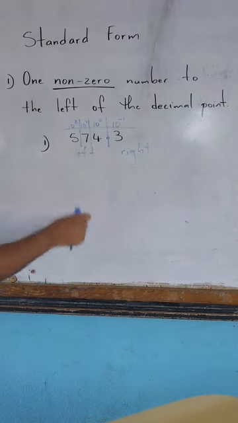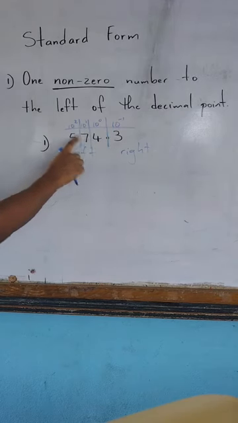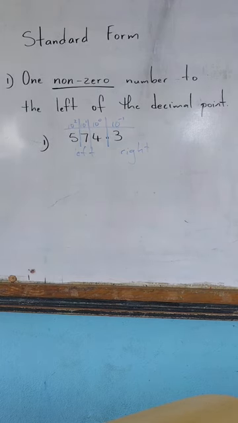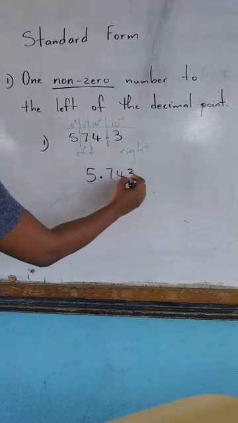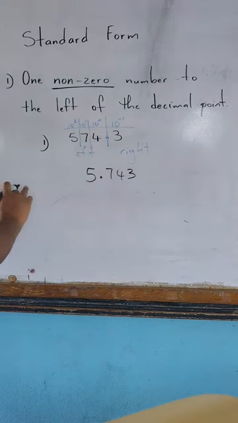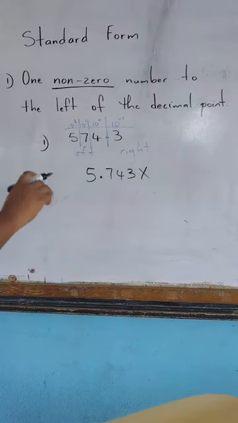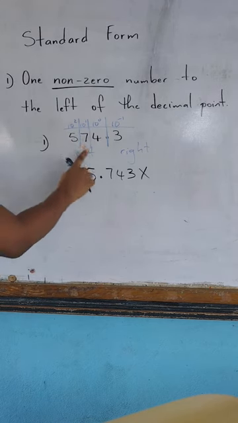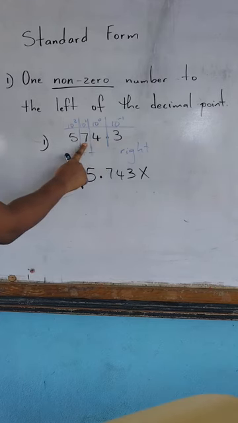Now, if I'm going to write this number in standard form, the point that was here is now going to come here. So this number is now 5.743. That changes the whole value of the number from what it was before, which means that, because the number must maintain its value, I need to show you how many powers of 10 it was reduced by. 1 power, 2 powers of 10 was taken off.